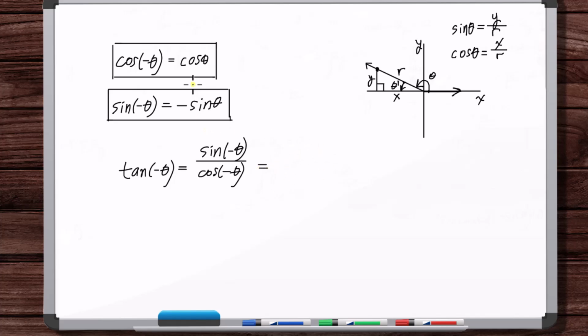We can use these two properties to get that this is equal to minus sine theta over cosine theta, and sine theta over cosine theta is tangent theta. So there you go. Tangent is an odd function.